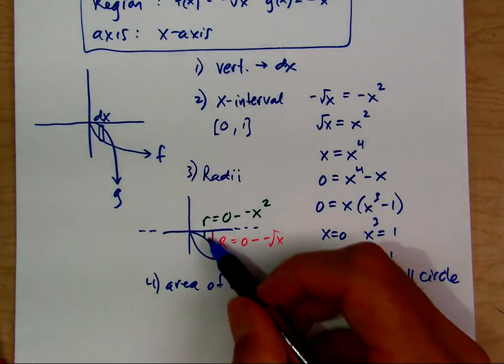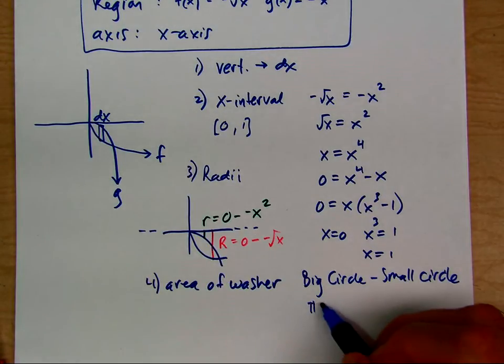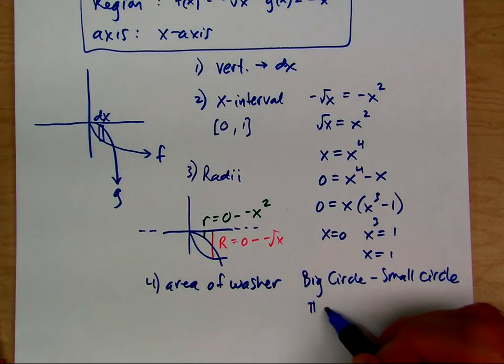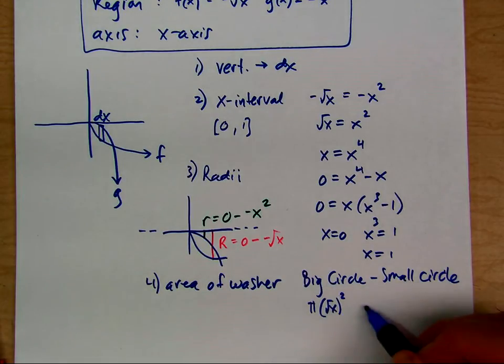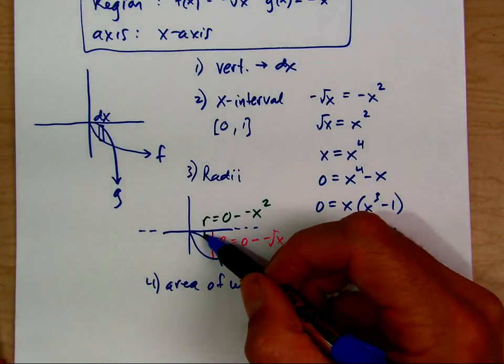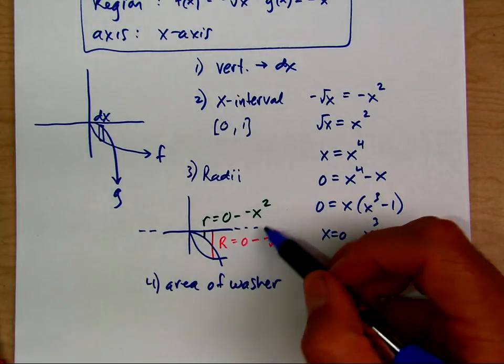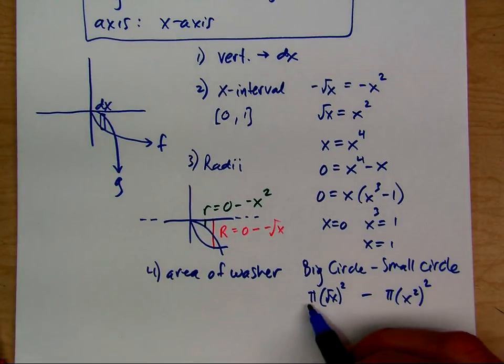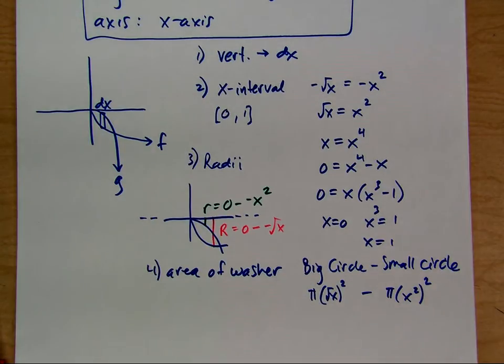The area of the big circle is pi r squared, and that r is radical x, pi r squared minus the small circle. If we rotate the green line, it makes a circle, and the radius is x squared. Pi r squared, and that's pi big R squared.